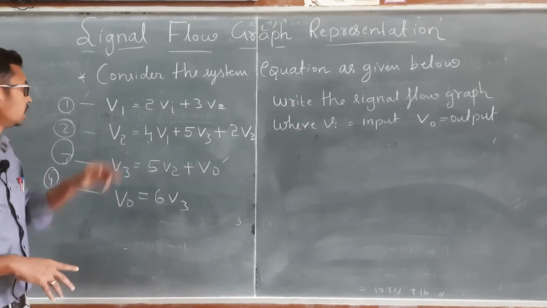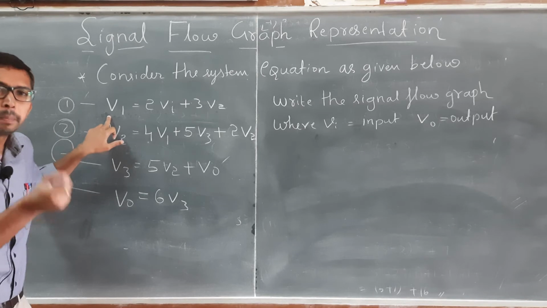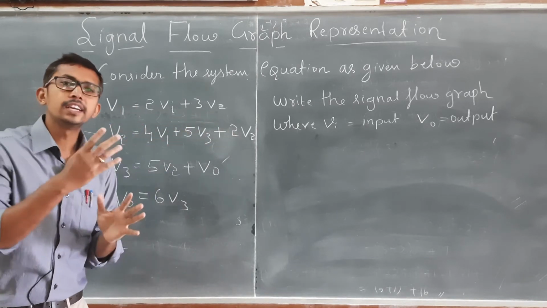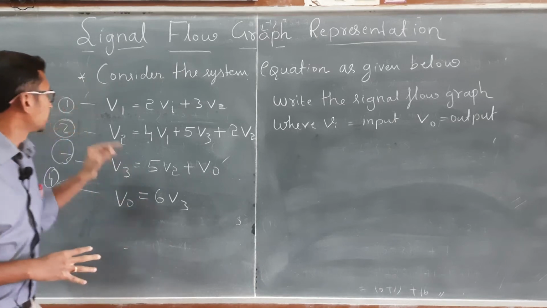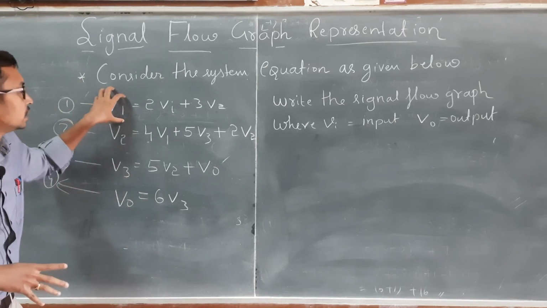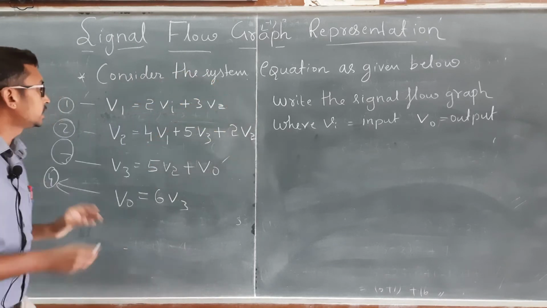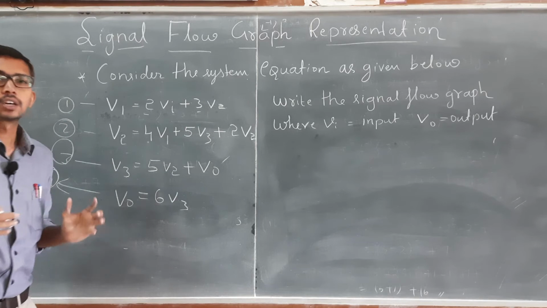I will repeat once again: V1 is a dependent variable, whereas Vi and V2 are independent variables. Why? Because the value of V1 depends upon the value of Vi as well as V2. These 2 and 3 are the constants.